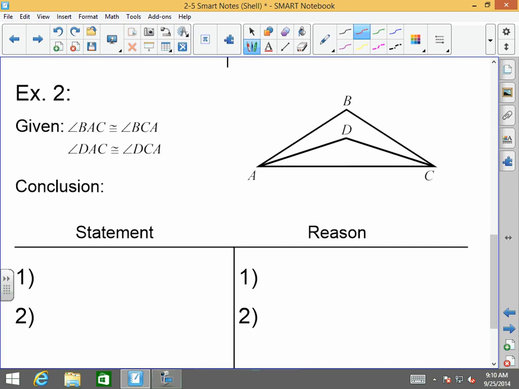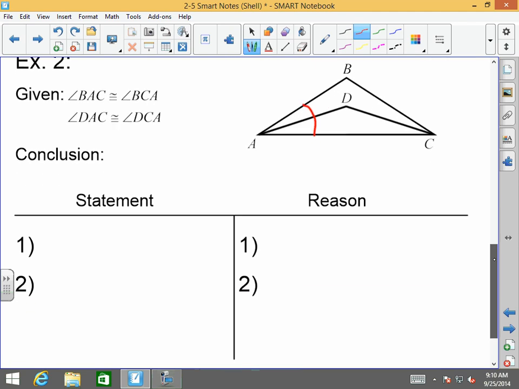If BAC is congruent to BCA, and DAC is congruent to DCA, what can I conclude?